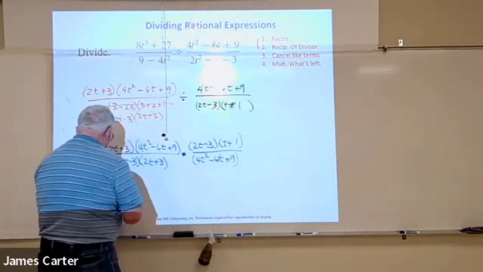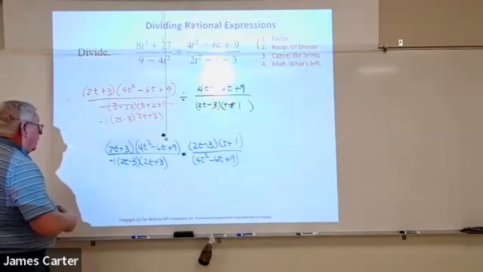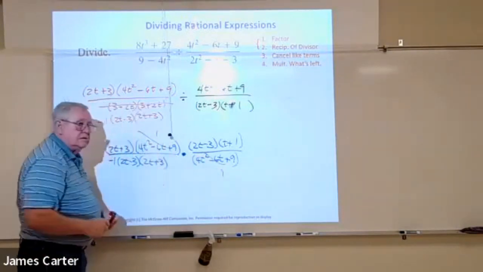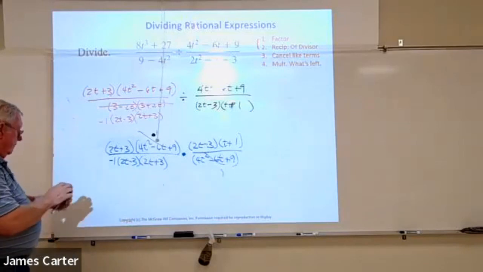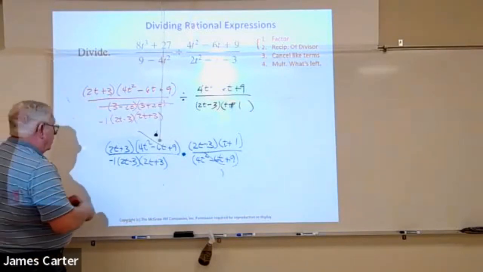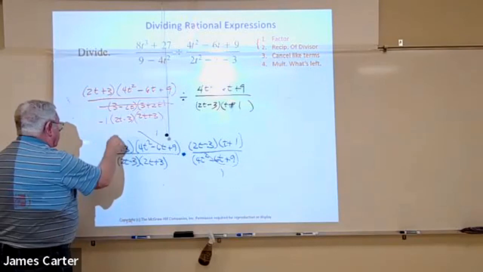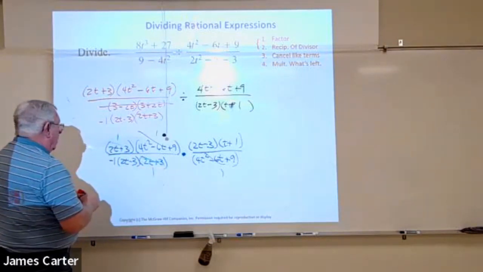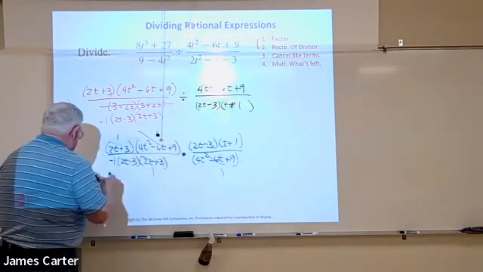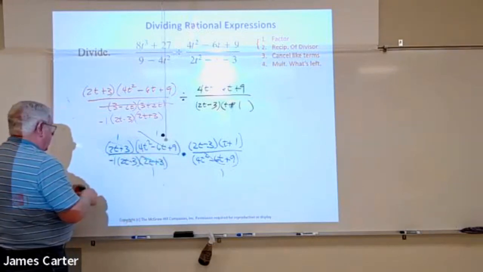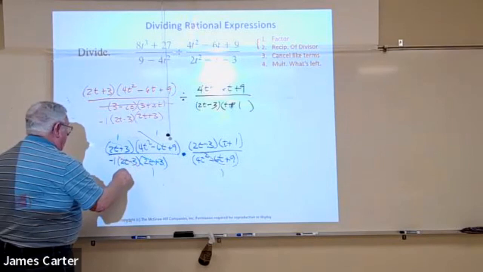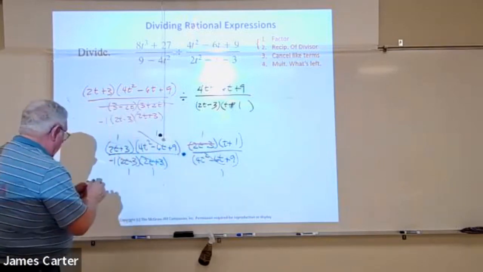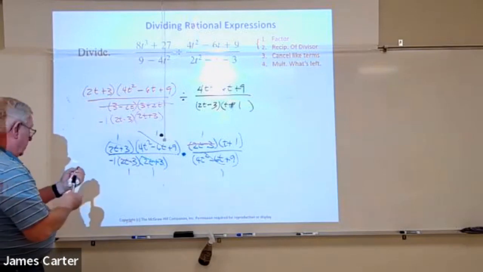Okay. Now we're ready to cancel where we can. Let's get rid of these two ugly things first. Then we got anything else? Well, 2t plus 3, 2t plus 3. Here's a 2t minus 3, a 2t minus 3. So we haven't got a whole lot left.